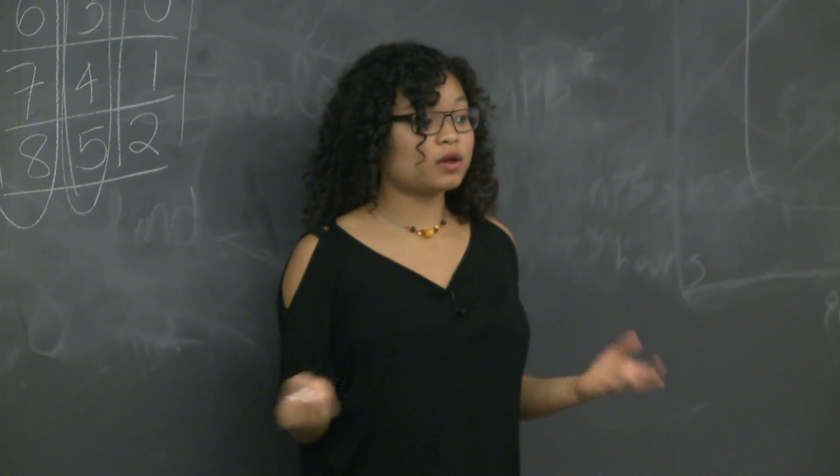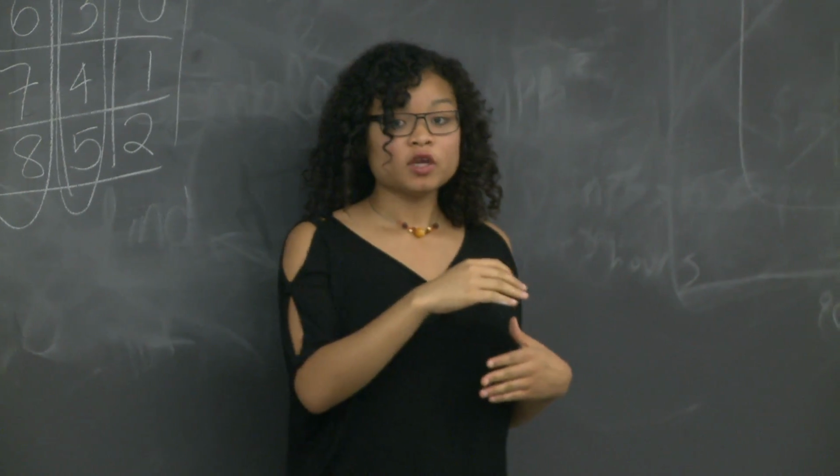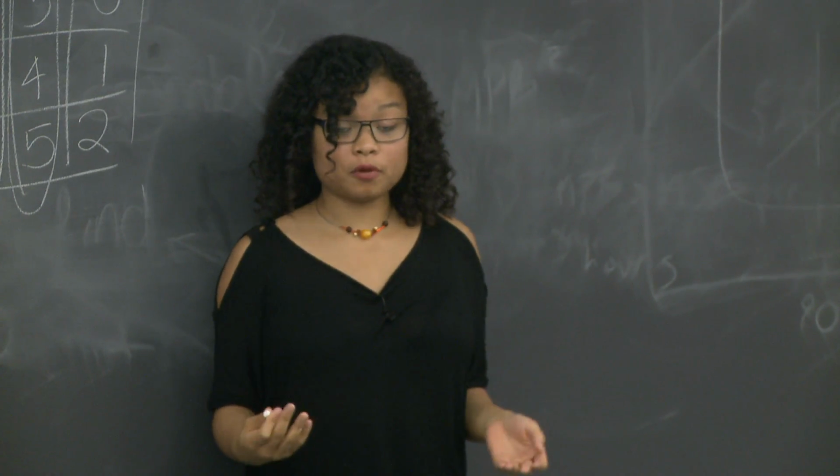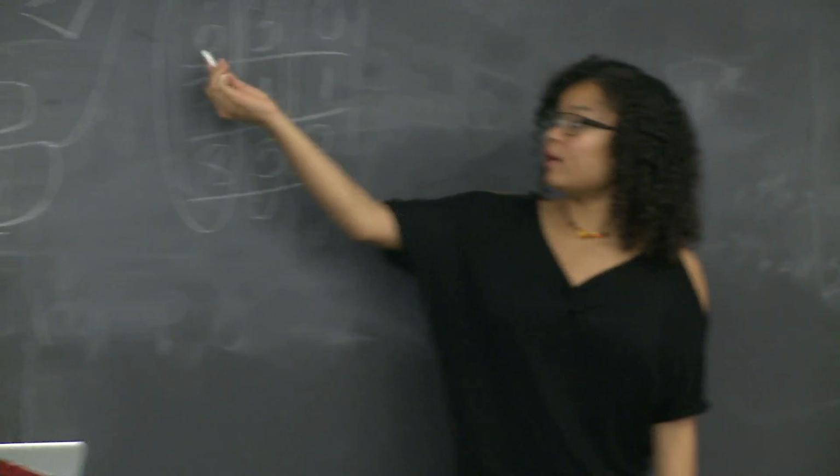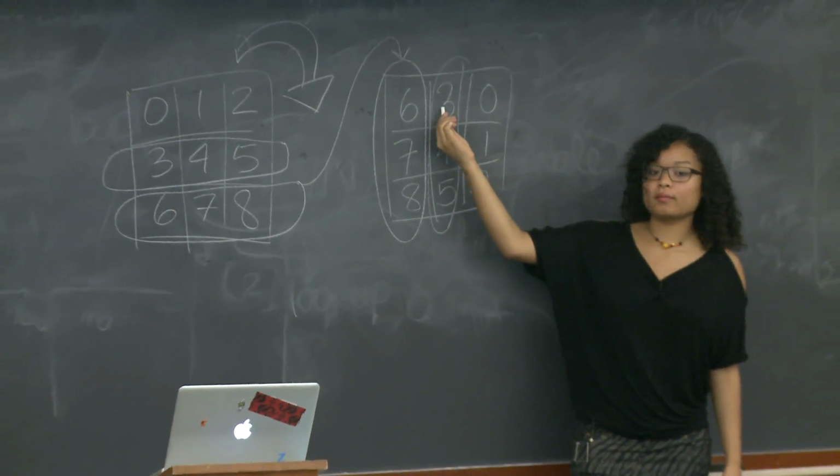Once you've identified one, you're going to want to reset the values in the grid, right? So grid 0, 0 will become 6, grid 0, 1 will become 3.